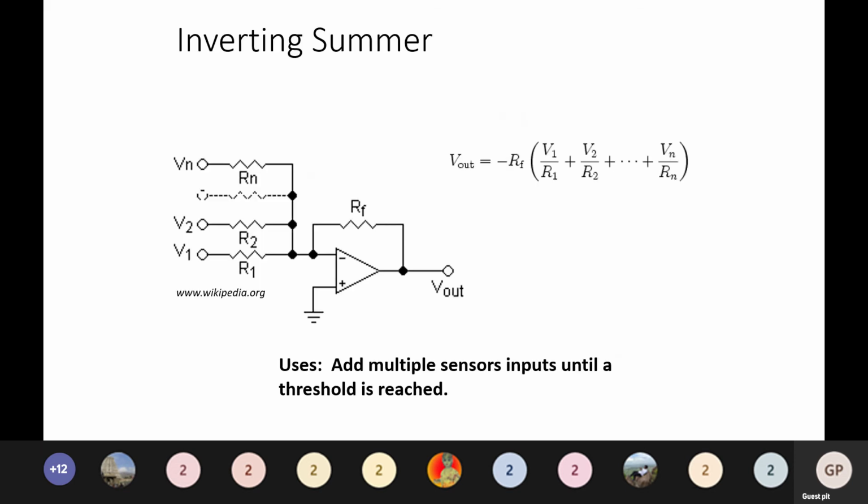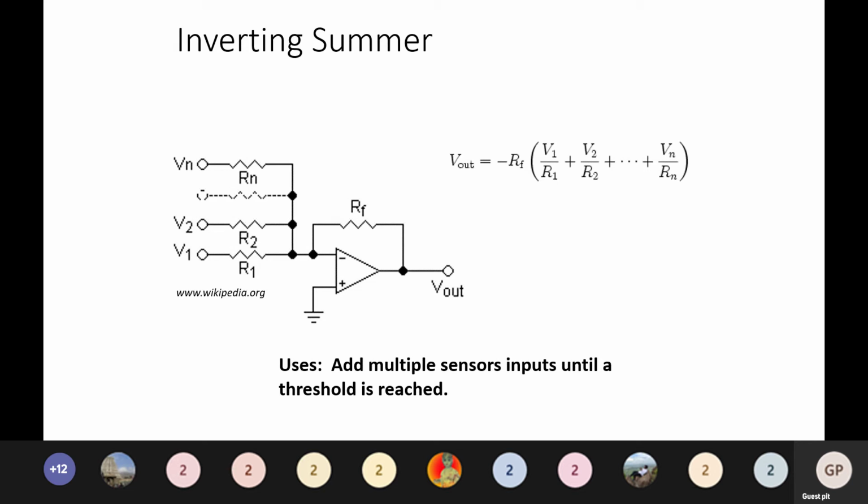First one, the inverting summer. As the name implies, this is a summer in the sense that it is going to add the input signals, and at the same time it is an inverting summer. As we already saw in the inverting amplifier, the same concept applies here also. It means multiple inputs are given to the inverting terminal of the op-amp. So that is why it is called an inverting summer. Inputs are given to the inverting terminal of the op-amp, and therefore in the output, as we always know whenever an input is given to the inverting terminal, we'll have a minus sign.